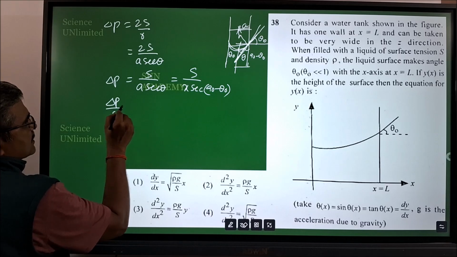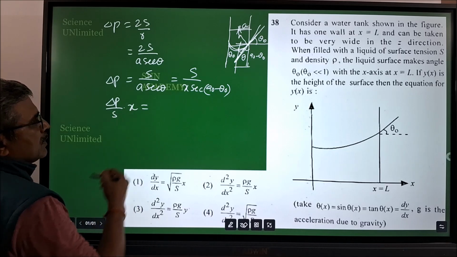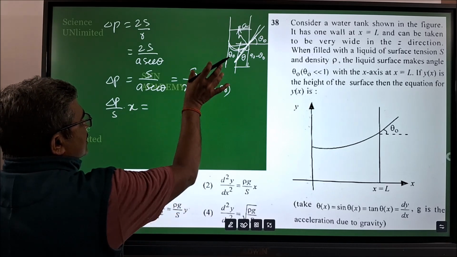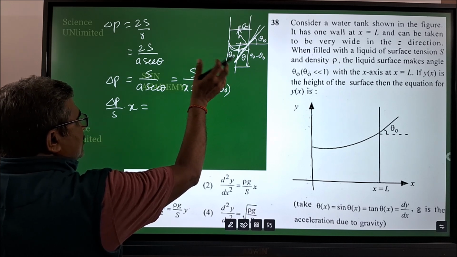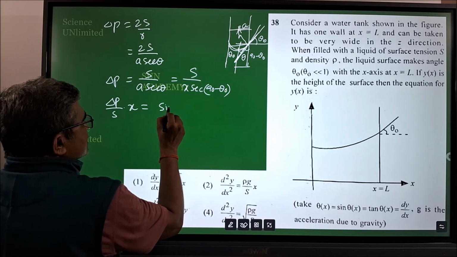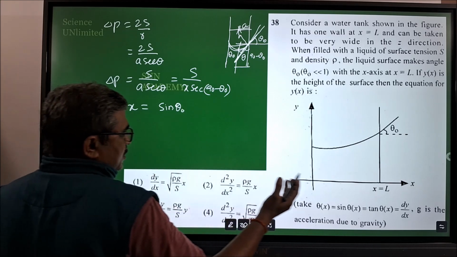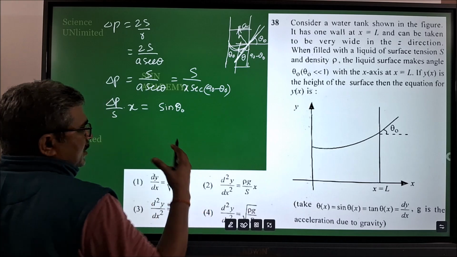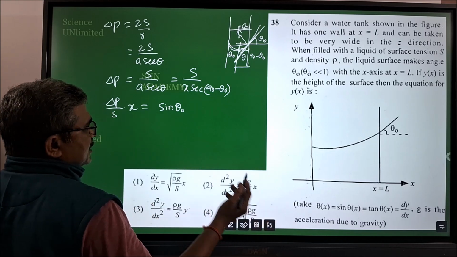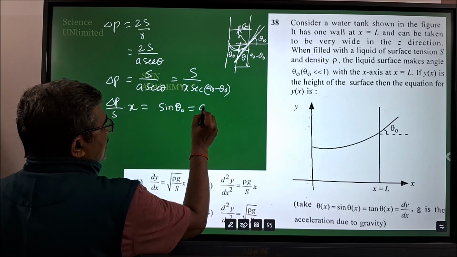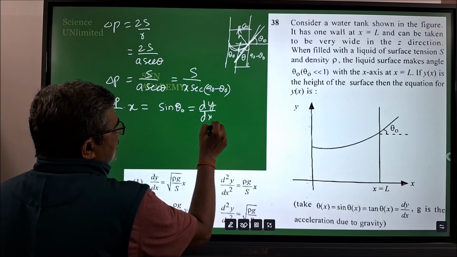Delta P by S into x is equal to cos of 90 minus theta naught, which will be sin theta naught. But according to the given situation, that angle theta naught is a function of x and is very small. Now you can consider dy by dx for that.